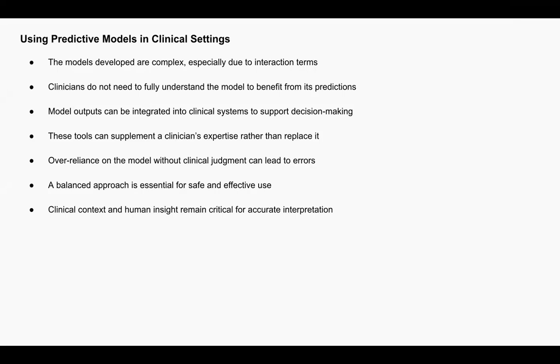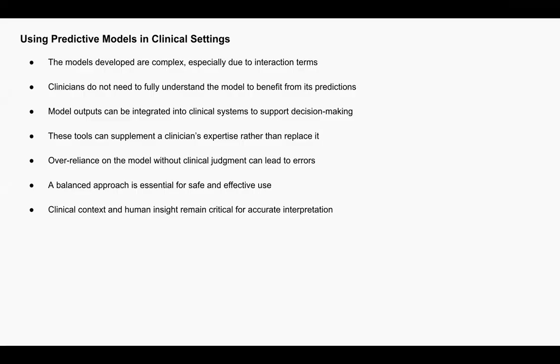Lastly, we just wanted to go over clinical use and feasibility and discuss whether a clinician can make such a complex diagnosis by using such a type of system. And I believe that these models are very complex and have a lot of interaction terms that can get in the way of a clinician and their judgment.